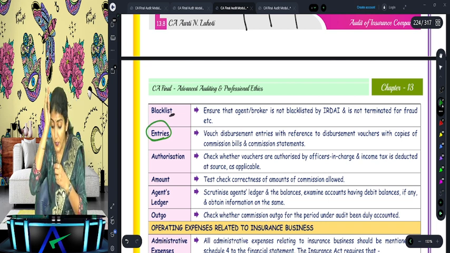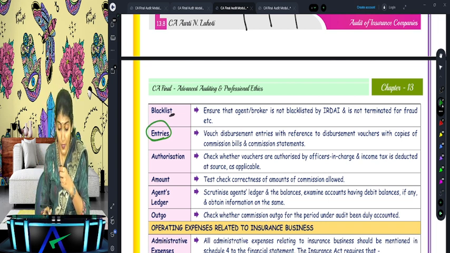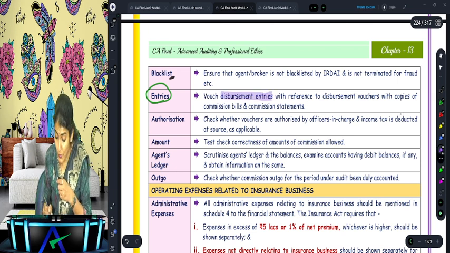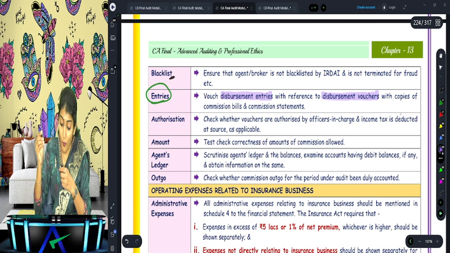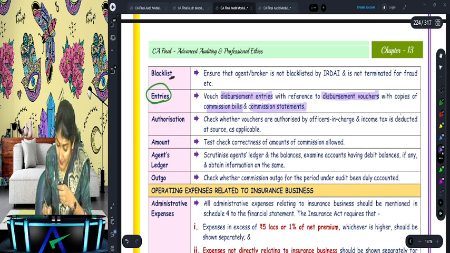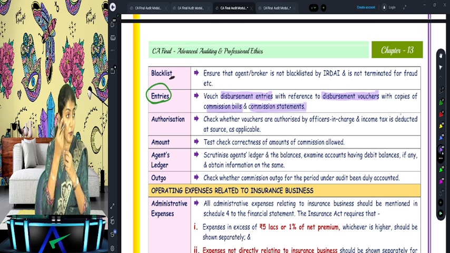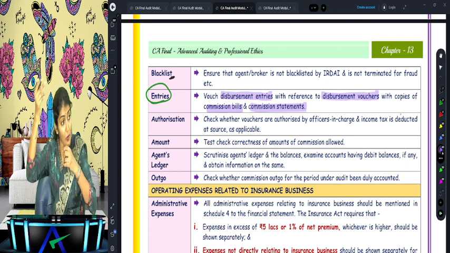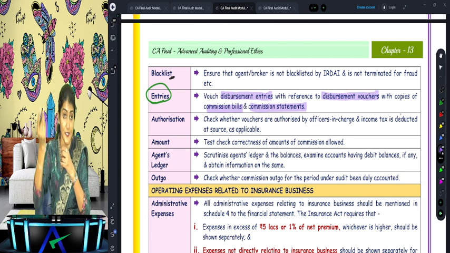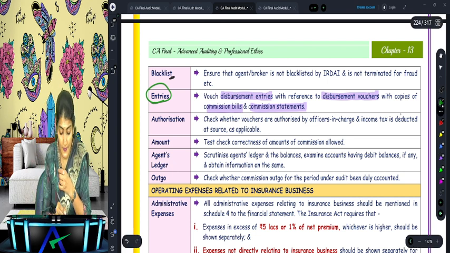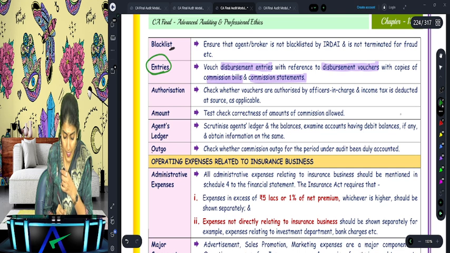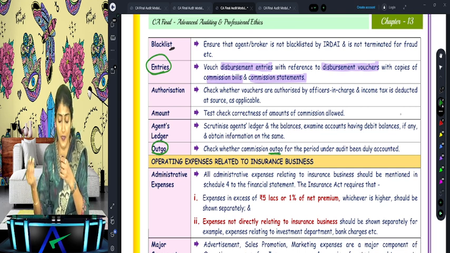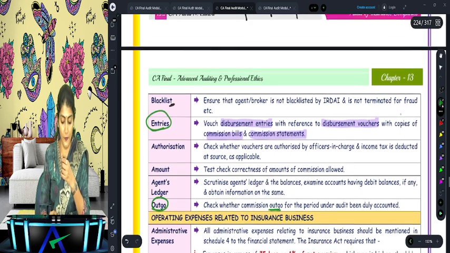Vouch the disbursement entry with reference to the disbursement voucher with the copies of the commission bill and the commission statement. Right, so rate entries and the authorized rate entries and the commission outgo. Commission outgo means whatever commission has been paid for the period has been correctly accounted for. Right, so the accounting entry for the same.